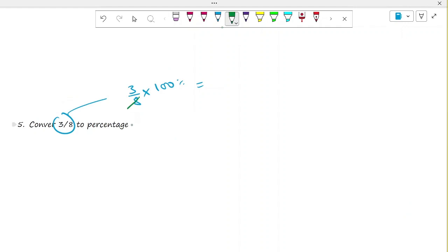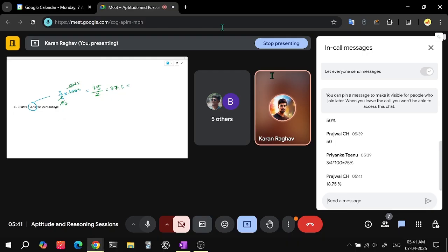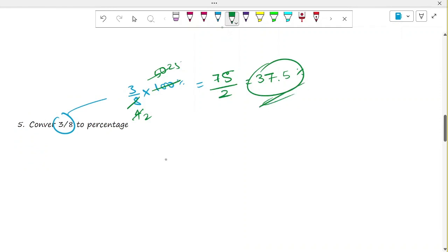When you are attending the classes, better have a pen and paper so that you will have full benefit of that. 8 into 2 is 16, 8 into 5, 40, 8 into 2, 16... So it is 75 by 2, and this is nothing but 37.5 maybe. Is it correct? Okay, fine. This is the correct answer.